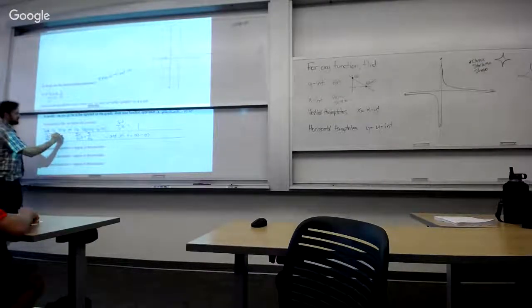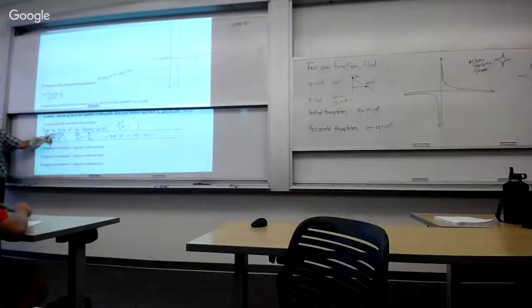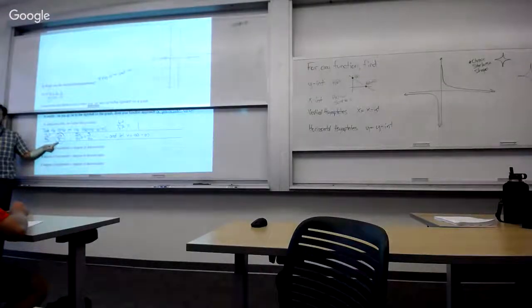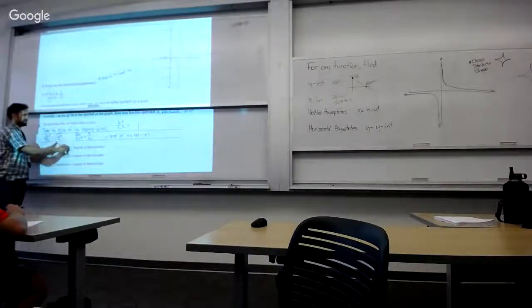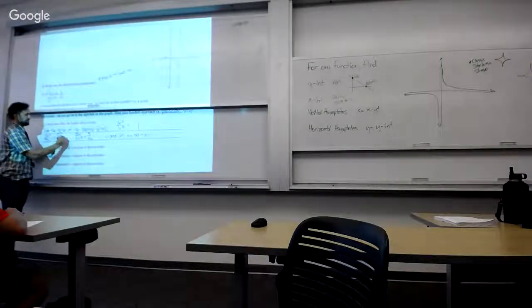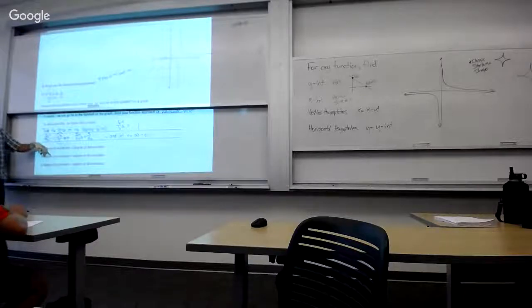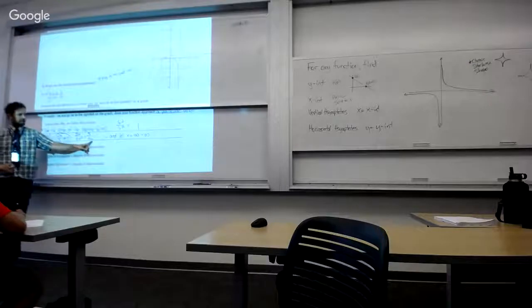So for instance, if I now take this fraction, 2x over 3, and I let x become very, very large, what's 2 times a really large number divided by 3? A really large number. So this approaches infinity. As you let x become bigger and bigger and bigger, 2 times a really big number divided by 3 is still a really big number. So this asymptote would actually go to infinity. That's something special. We're going to talk about that in a second. Whereas here, what if I let x become a really big number?